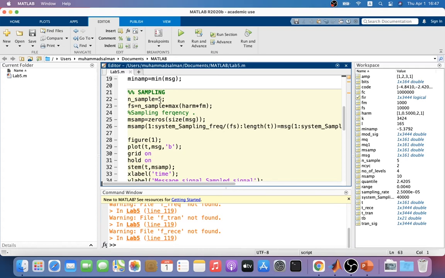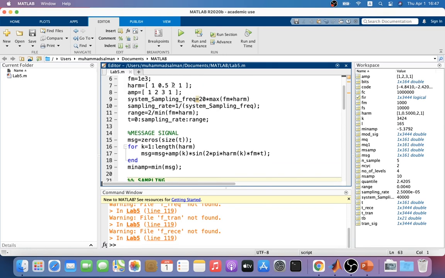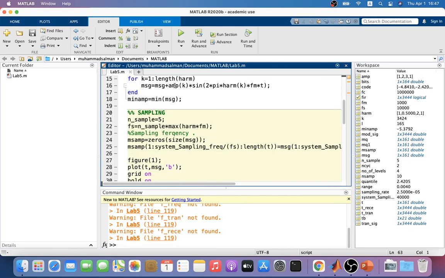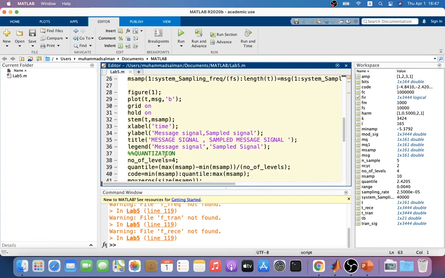That's why we have chosen this number as 5. So we choose 5 and the maximum harmonic of the frequency component there. The modulating frequency is multiplied by the maximum of the harmonic, which is 2. Yeah, 2 is the maximum number. That is multiplied, and 5 times of that is your sampling frequency. And here we sampled the signal, and then we plotted it.